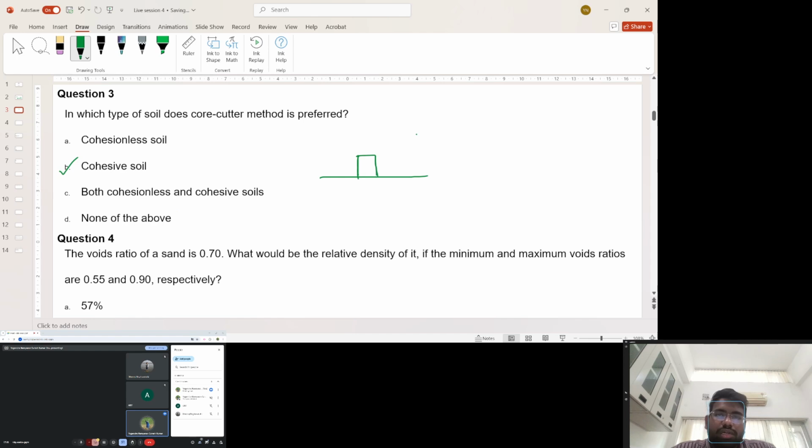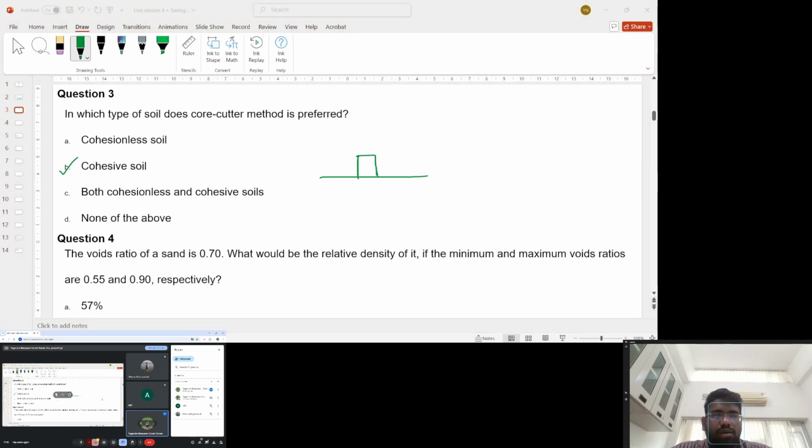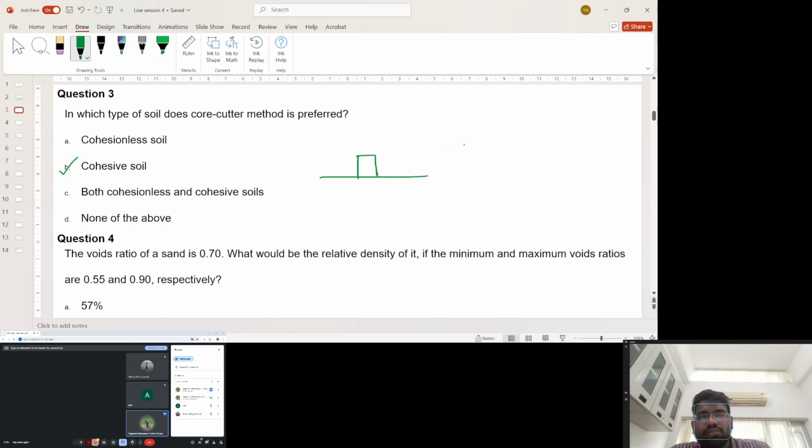And what is the other method? The other method is the sand replacement method. These are conventional methods. The sand replacement method is used for both cohesive soils as well as cohesionless soils.